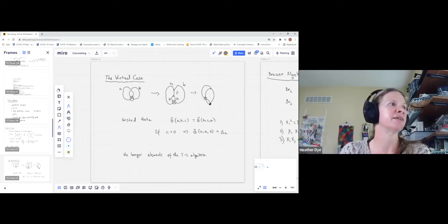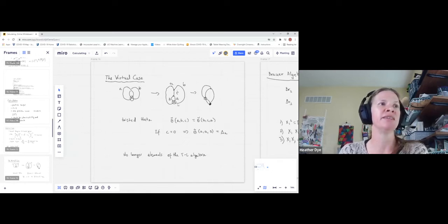We take our crossing, we convert it. So now I have a trivalent graph, but this is a non-planar trivalent graph. Essentially we get something that looks kind of like a theta, but it is a non-planar theta because these vertices are rigid.